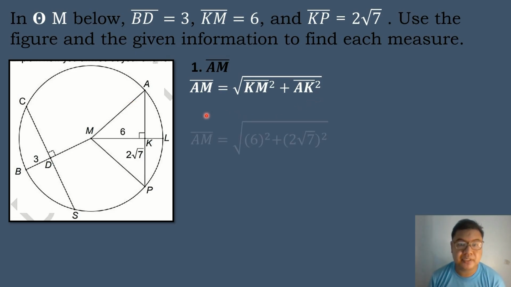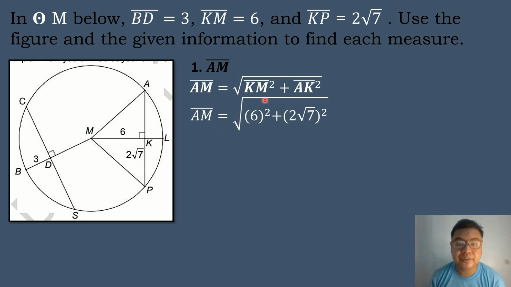Then we will substitute the values. Bring down segment AM equals the square root of the value of segment KM, which is 6 to the second power, plus the value of segment AK, which is 2 square root of 7 to the second power. Then we will simplify.